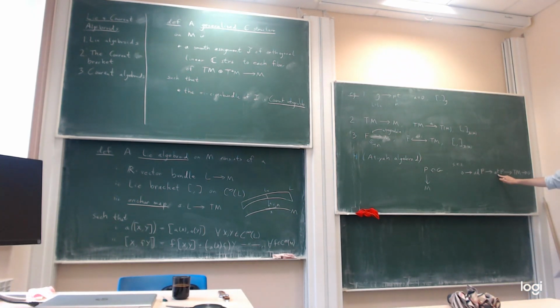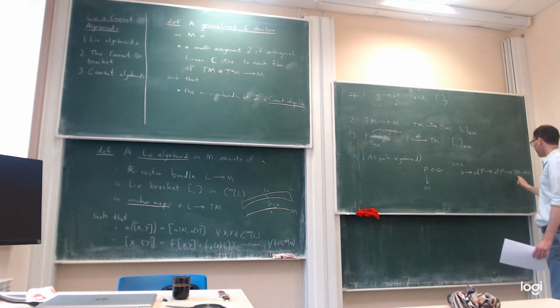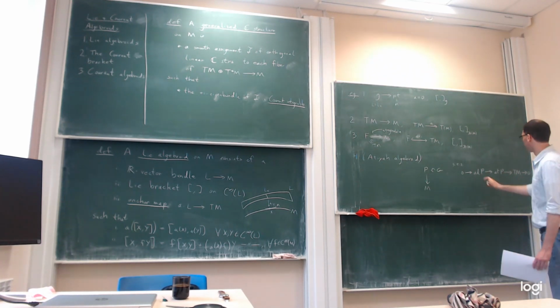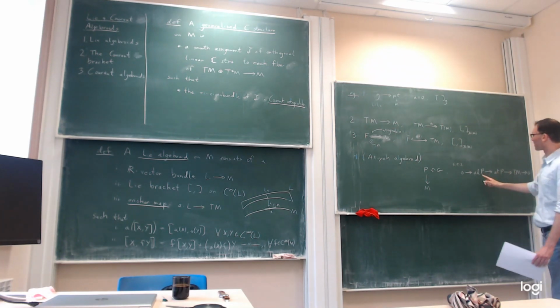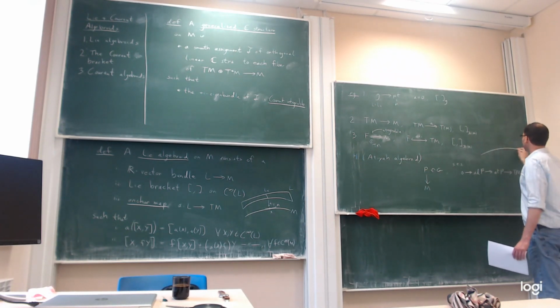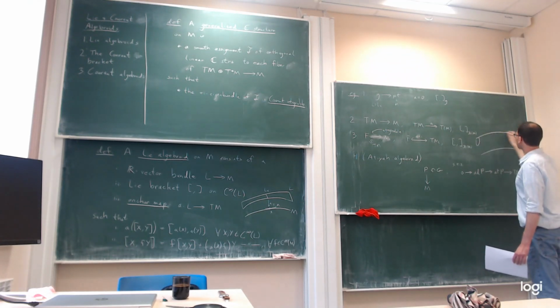So we can think of the Atiyah algebroid as sort of like a fiber-wise extension of the tangent bundle to M by the adjoint bundle to P. And recall that we can think of the adjoint bundle as consisting of generic vertical tangent fibers to P. I'm going to draw a picture.